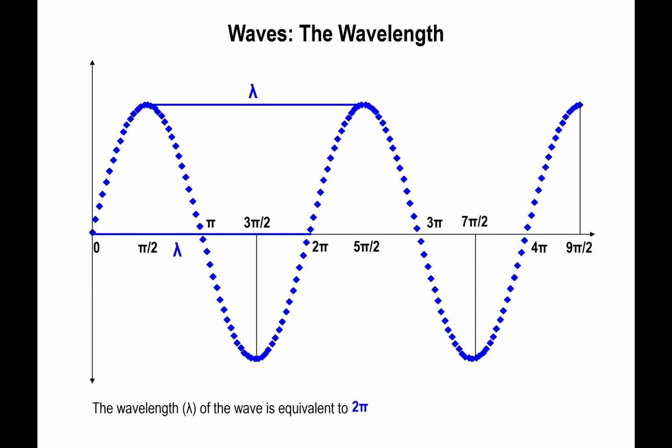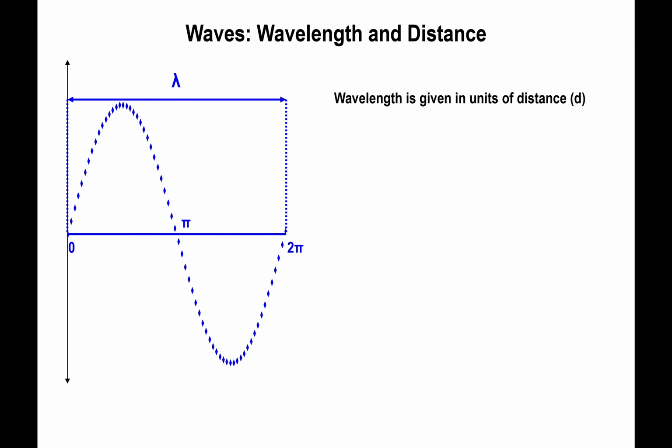And that has some crucial consequences for how you can start writing equations for waves, allowing you to use the wavelength in the equation to correlate to the distance of propagation of the wave.